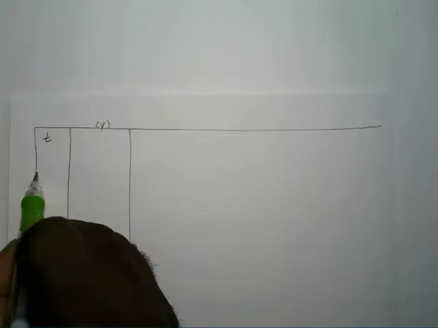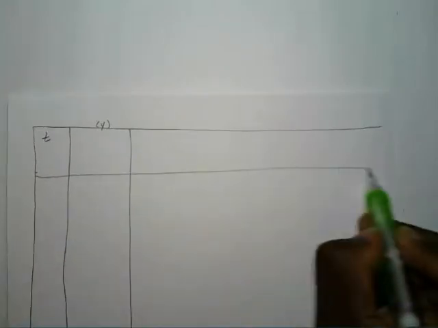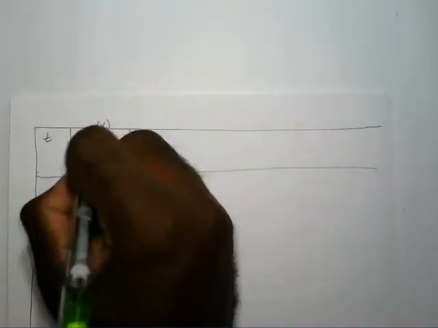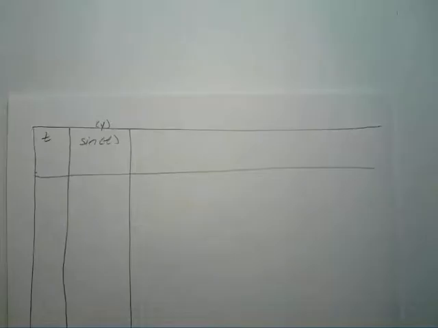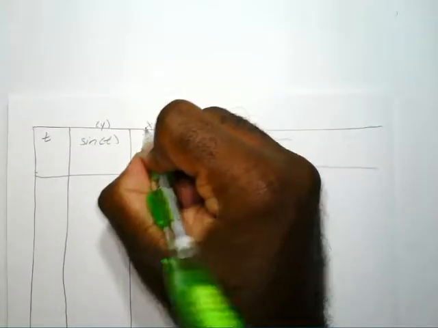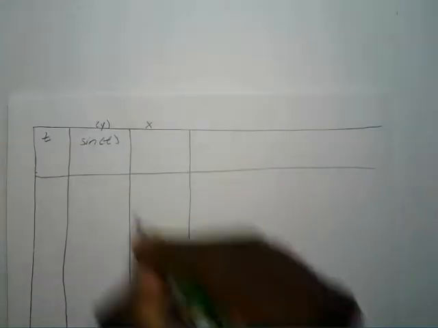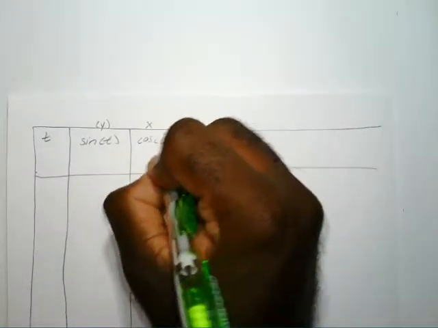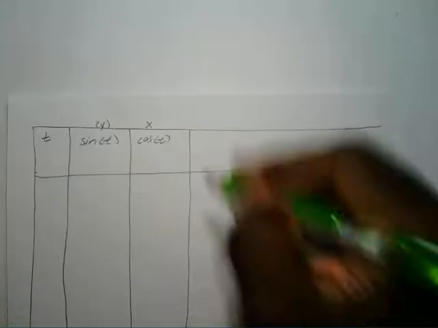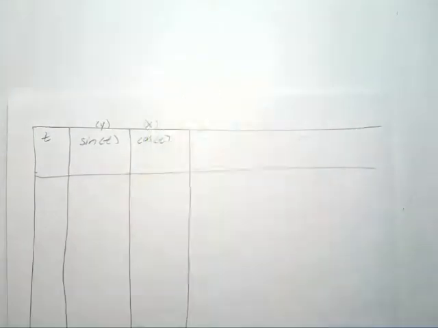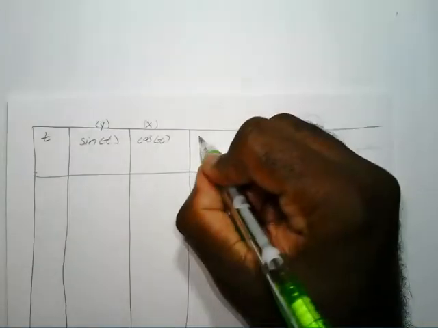So this is our sine of t. Our x is cosine of t. And our tangent, remember that's just sine over cosine.